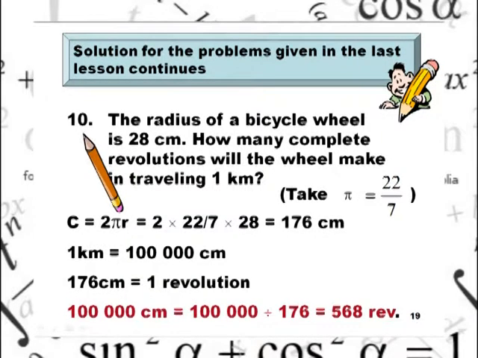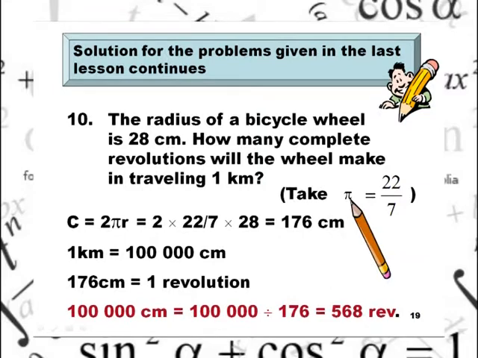Question 10. The radius of a bicycle wheel is 28 cm. How many complete revolutions will the wheel make in traveling 1 kilometer? Take pi equals 22 over 7.